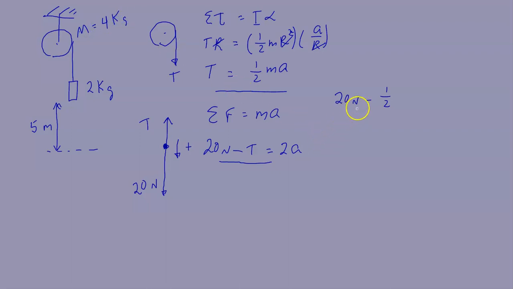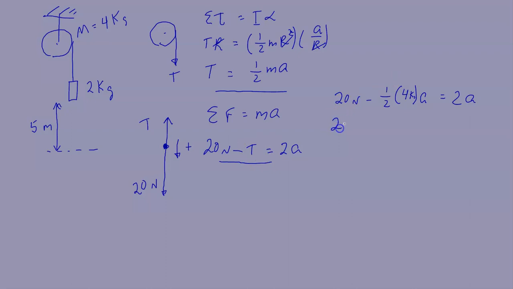All right. So let's continue here. 20 minus T, which is 1/2 that 4 kilograms I just gave you, times a, is equal to 2a. So let's see, 20 minus that T, which is 1/2 ma, equals 2a.